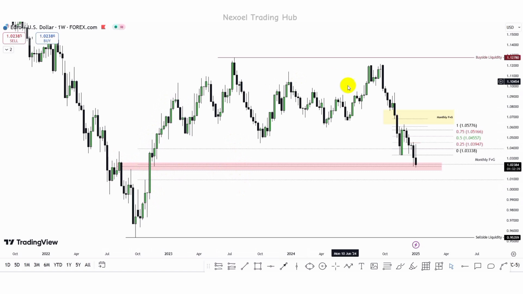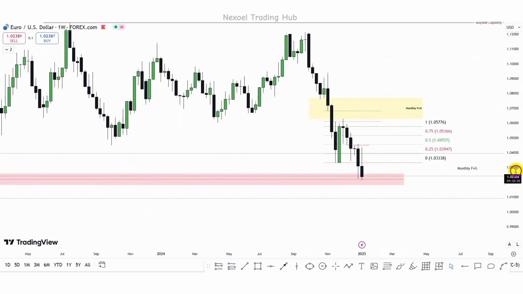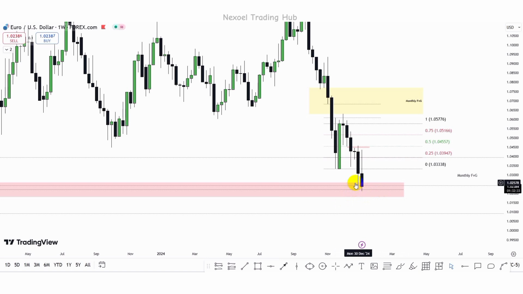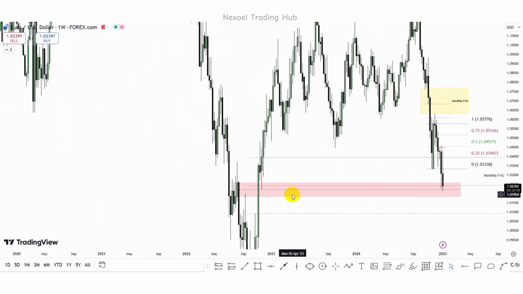And now we can see how price returned into it, and price respected the mean threshold of the monthly fair value gap, and price did not dip lower below the mean threshold of the volume of this order block that we identified, where price gave an impulsive move to the upside and violated it.